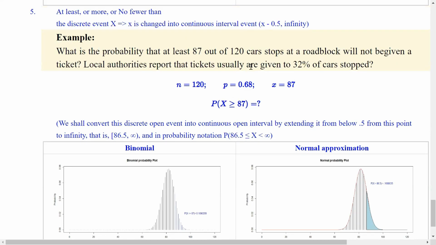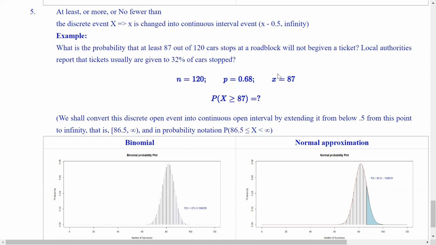Consider this example of at least 87 out of 120 cars at the roadblock don't get the ticket. In the past, 68% do so. Here, the binomial parameters are n is equal to 120 and p is equal to 0.68.